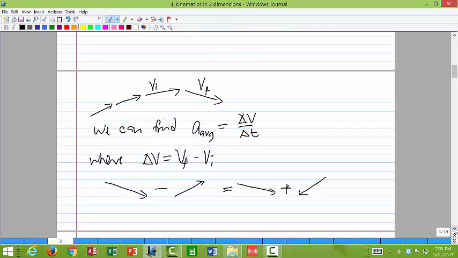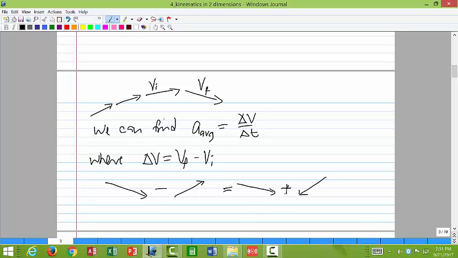So suppose we have an object moving with the following velocity vectors, where I've labeled v initial and v final. We can find average acceleration by taking the change in velocity vector divided by the time. So with our change in velocity, we just subtract final velocity minus initial velocity. And so I've just taken those 2 vectors, v final and v initial, and I'm going to subtract them using a vector approach.